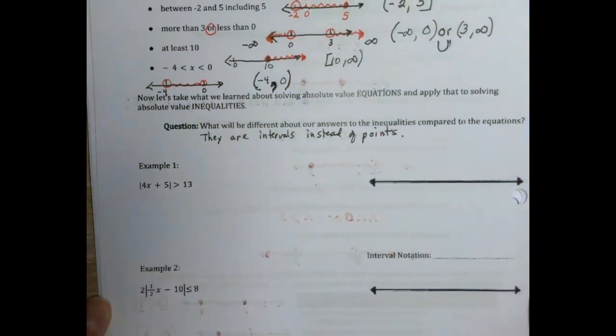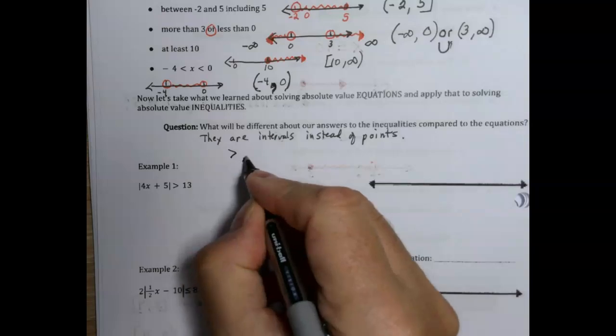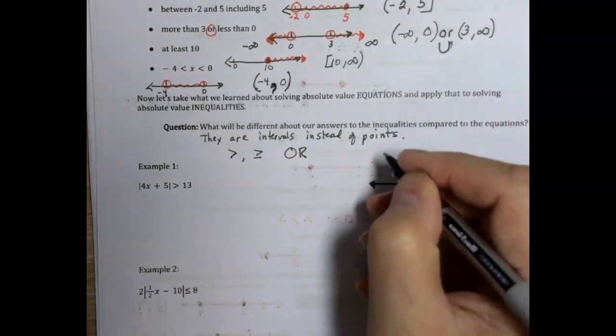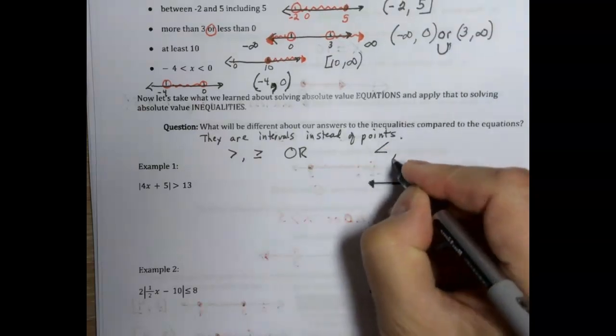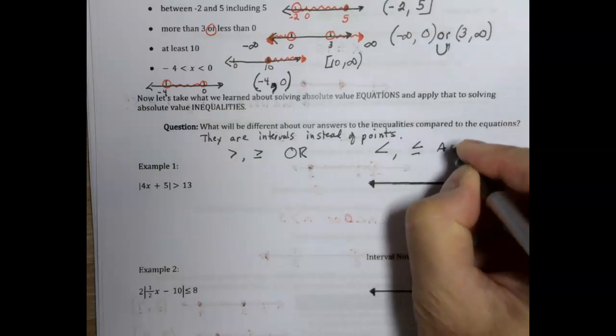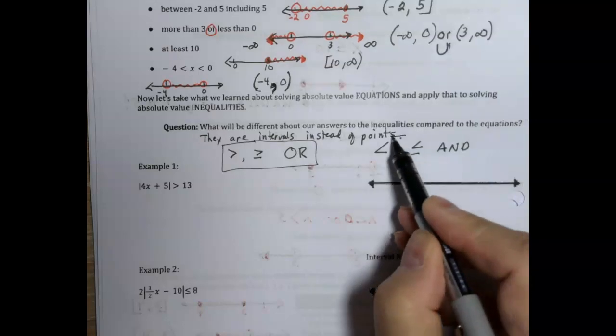First example, 4x plus 5 is greater than 13. Notice if it's greater than, or greater than or equal to, it is an "or." If it's less than, or less than or equal to, it is an "and."